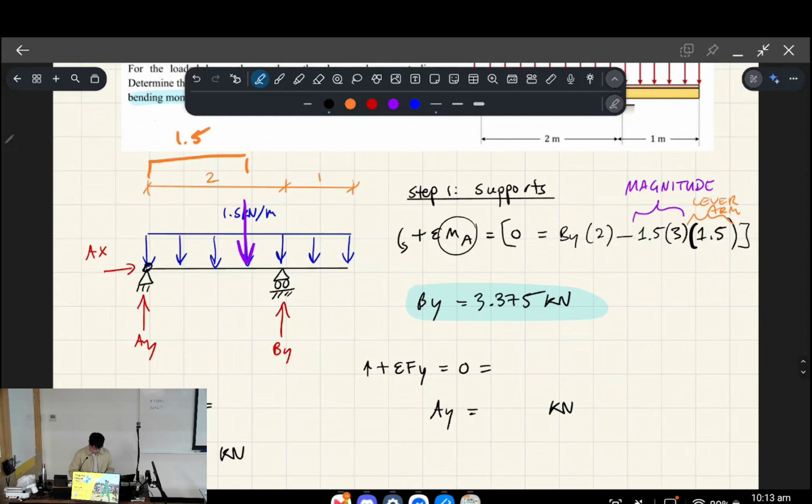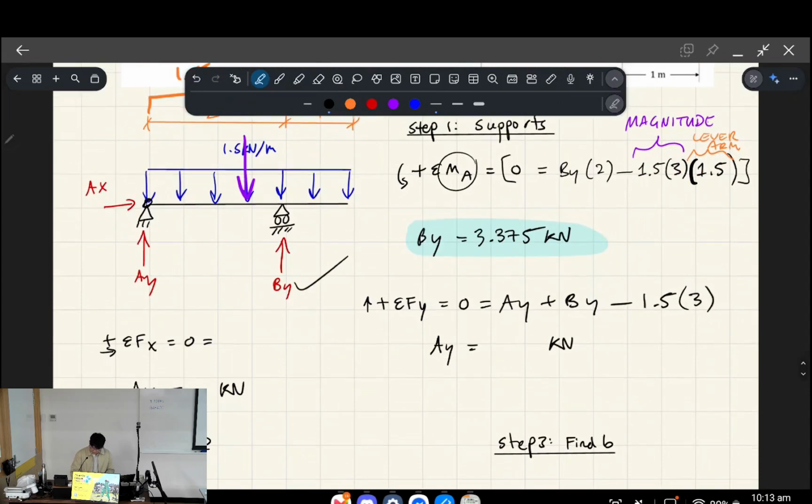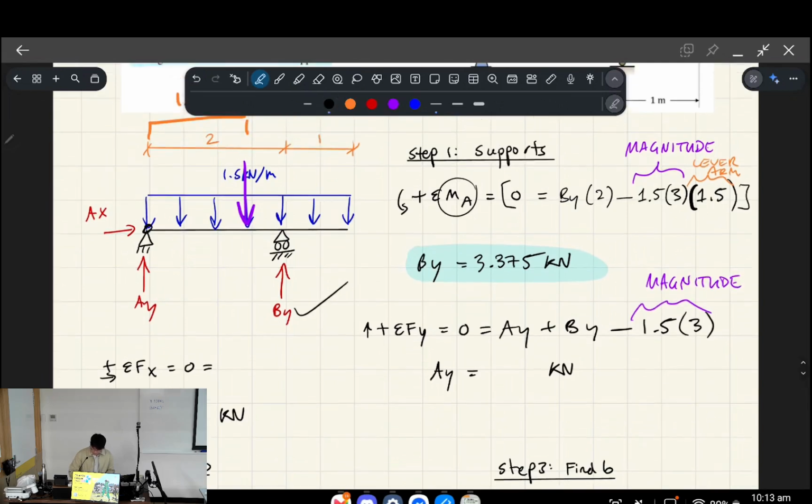All right, once we have By, we can do the force equilibrium, and we find Ay plus By, and then if we subtract 1.5 kilonewtons per meter, and that is over 3 meters, right? So again, that's the magnitude of the distributed load. We find that Ay ends up being 1.125 kilonewtons, right?